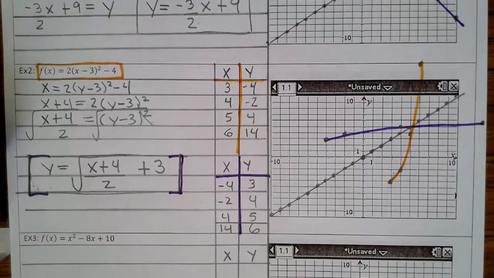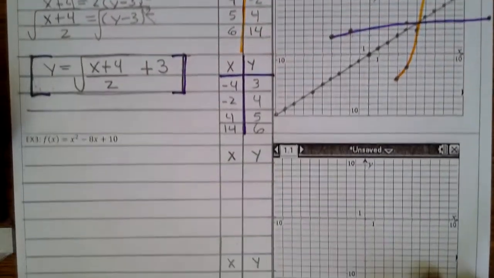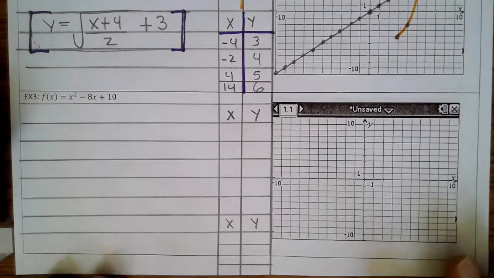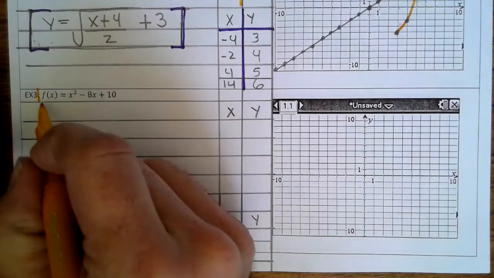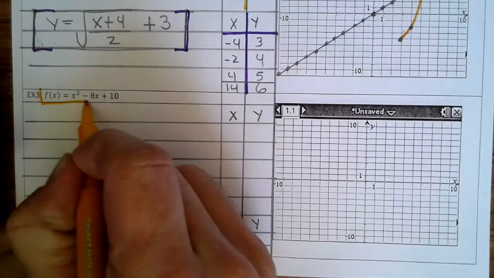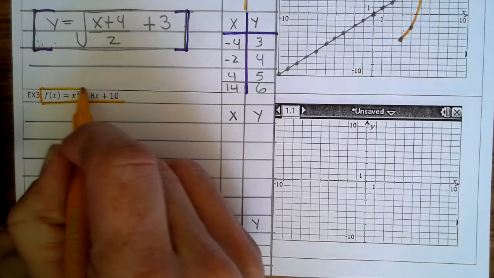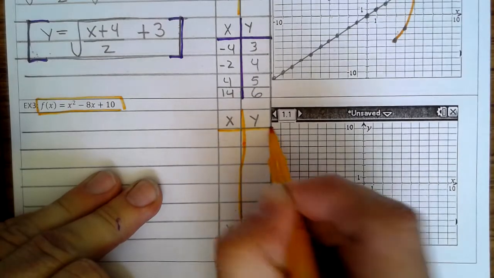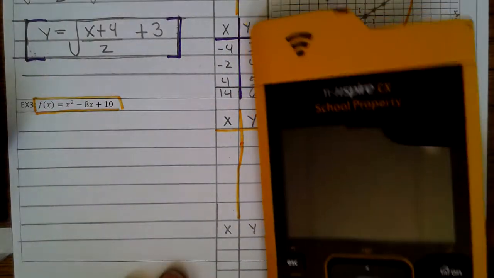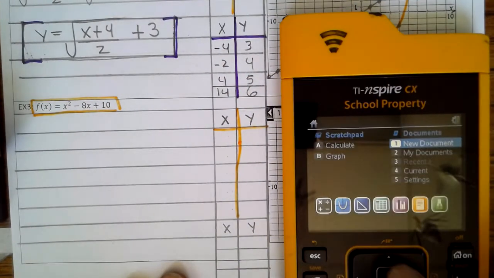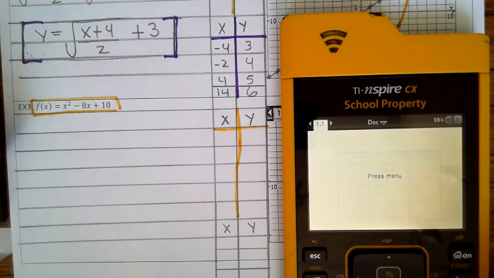All right, so let's go ahead and graph this using the tables. We're going to go to New Document, Add Graph, x squared minus 8x plus 10.